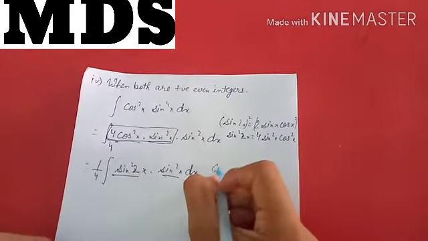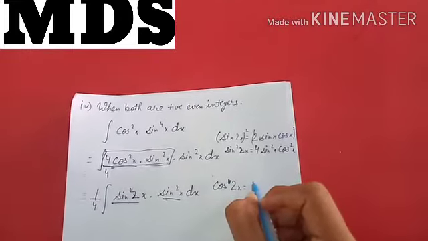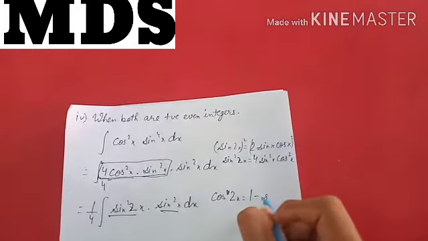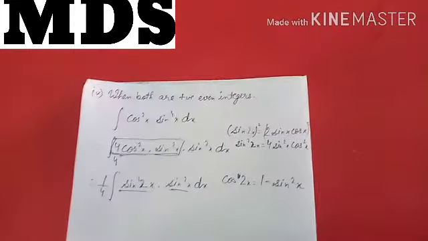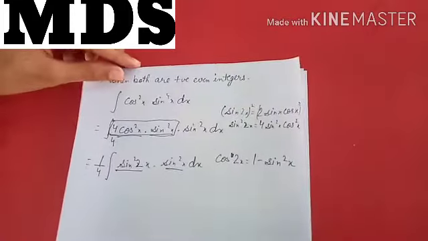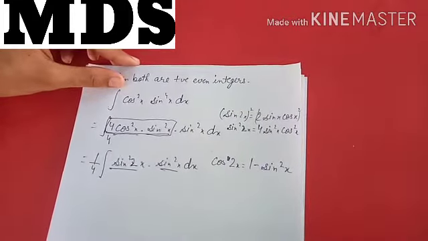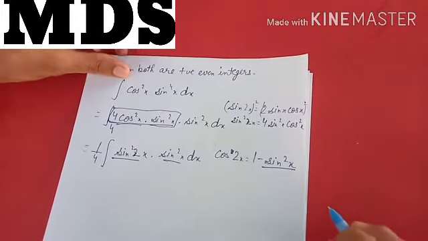Now we know cos 2x is equal to 1 minus 2 sin square x. Okay, it was also one of the formulas that we studied. So I can get the value of sin square x directly from here.